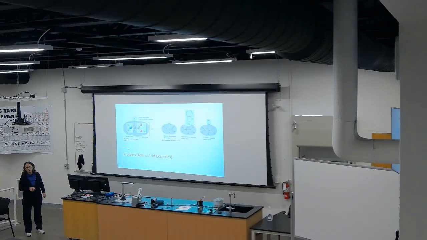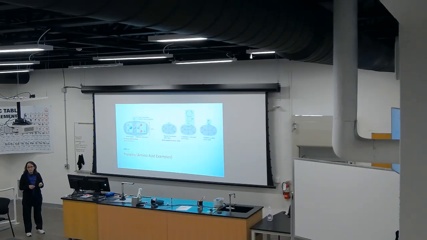What is this R group? Well, an R group is a structure that varies in its configuration, and it gives specific properties to the amino acids, making them different.